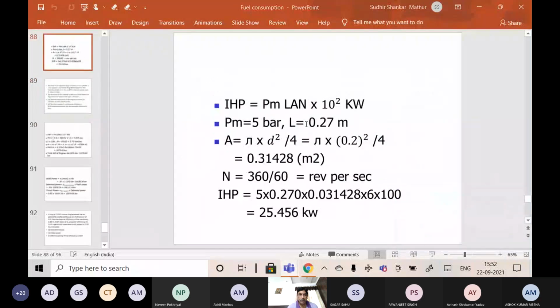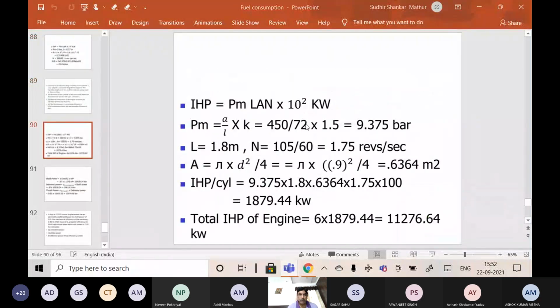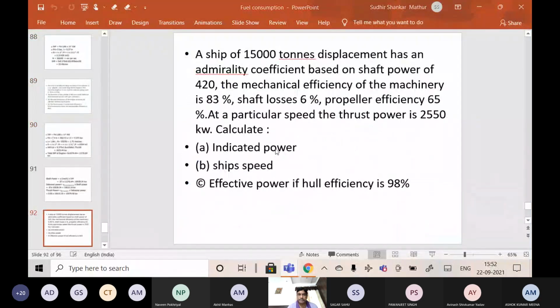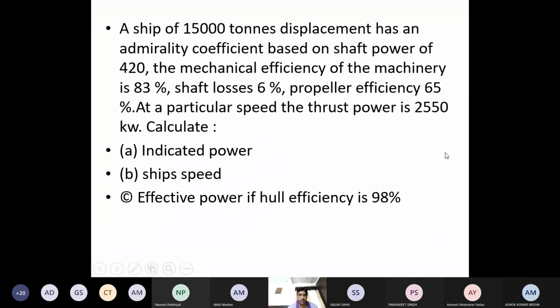This was the numerical which we did yesterday. Now we have one more. Let me just make it full screen.